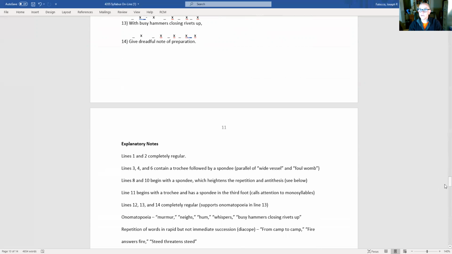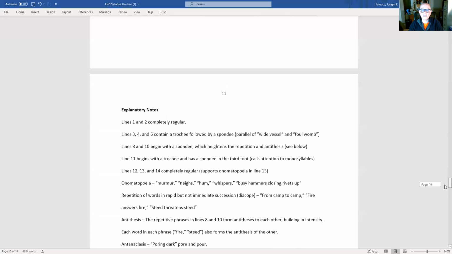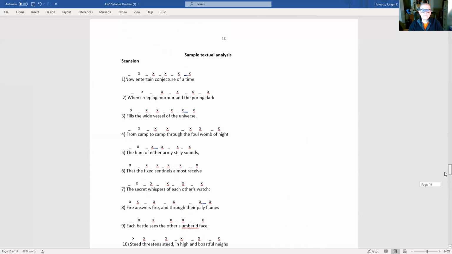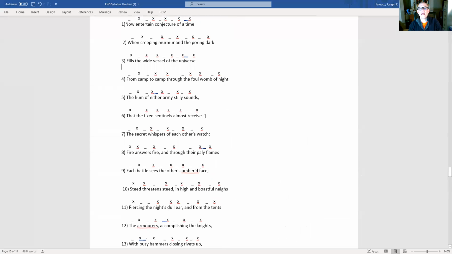Now entertain conjecture of a time when creeping murmur and the pouring dark. Then lines 3, 4, and 6, as I read them, contain this pattern where we have a trochee followed by a spondee. So I would not with line 3 say, fills the wide vessel of the universe, because it seems to me scansion is an art. It's not a science.